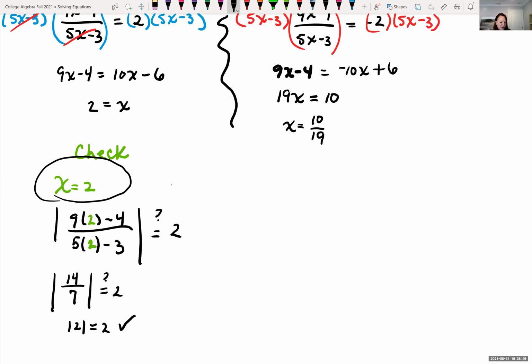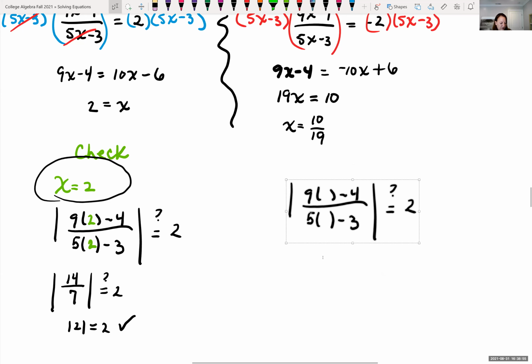And so now we've got to go in and plug in 10/19. So go through wherever you see an x in your equation, put parentheses. So you have 9 parentheses minus 4 all over 5 parentheses minus 3, that absolute value. If we plug in 10/19, which is not as pretty, right, is this a true statement?